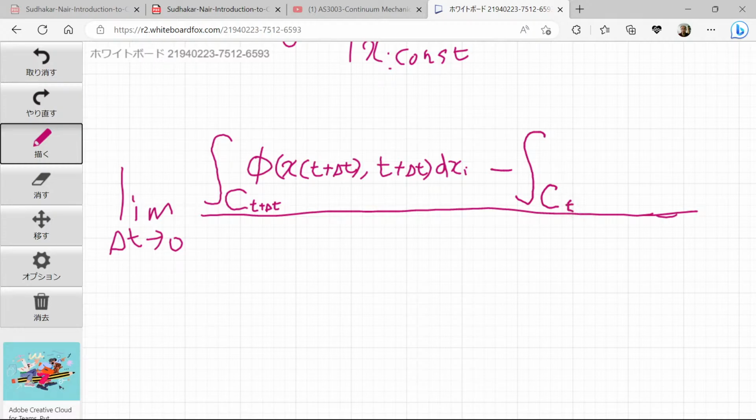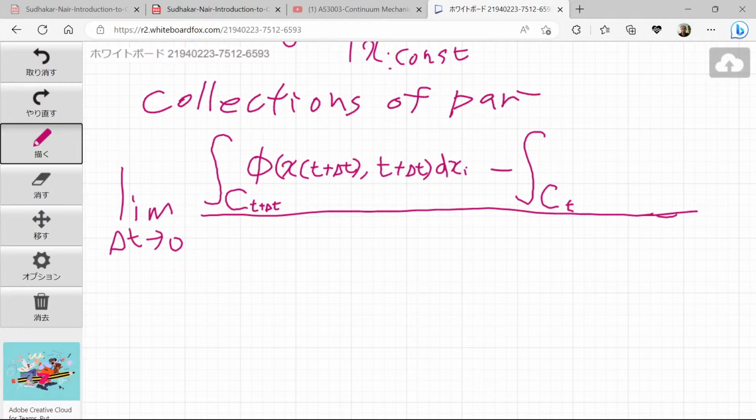So the idea is that all the particles are the same. The collection of particles is fixed.